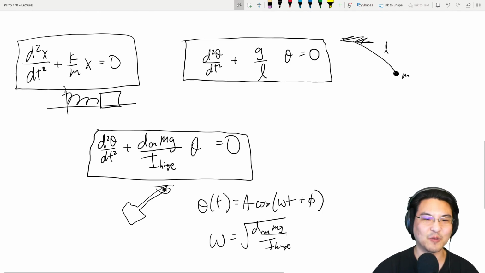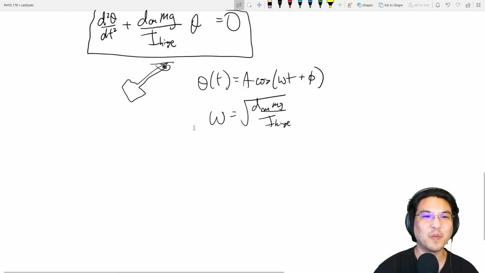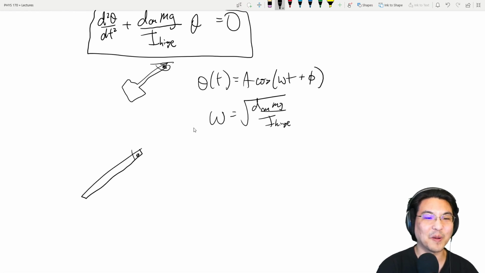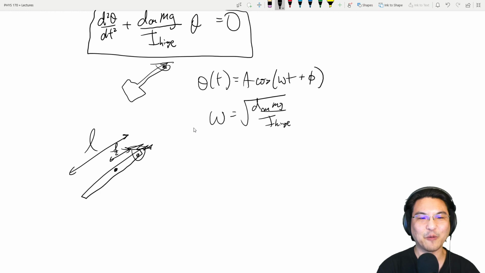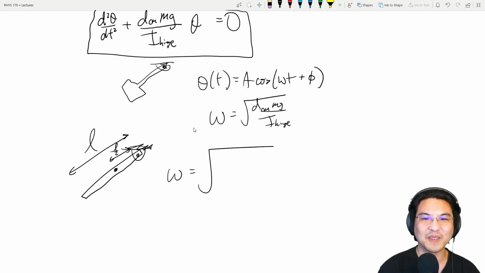Okay, so let's try a more specific example. Let's say it's just one slender bar. Then where's the location of the center of mass? Let's say it's a slender bar of length L. So the center of mass is just halfway, L over 2. Let me write this nicer. The distance to the center of mass, and I about the hinge.